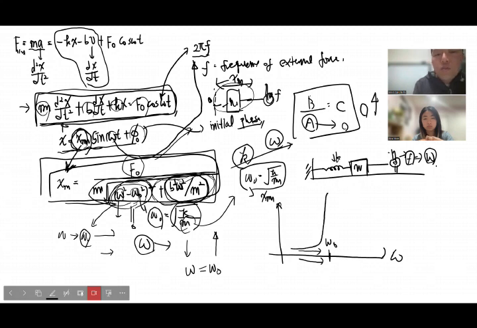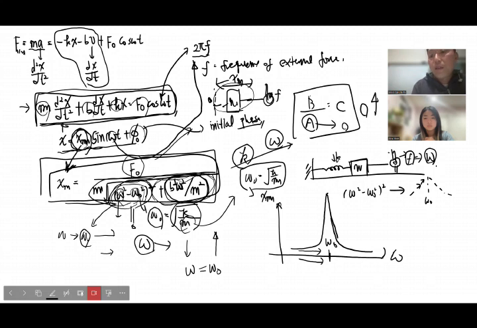But once it goes past this omega naught, then this first term, omega square minus omega naught square, becomes smaller and smaller. So it's like going up, up, up, and once it touches omega naught, it becomes smaller and smaller again, so the magnitude of this displacement becomes smaller and smaller.